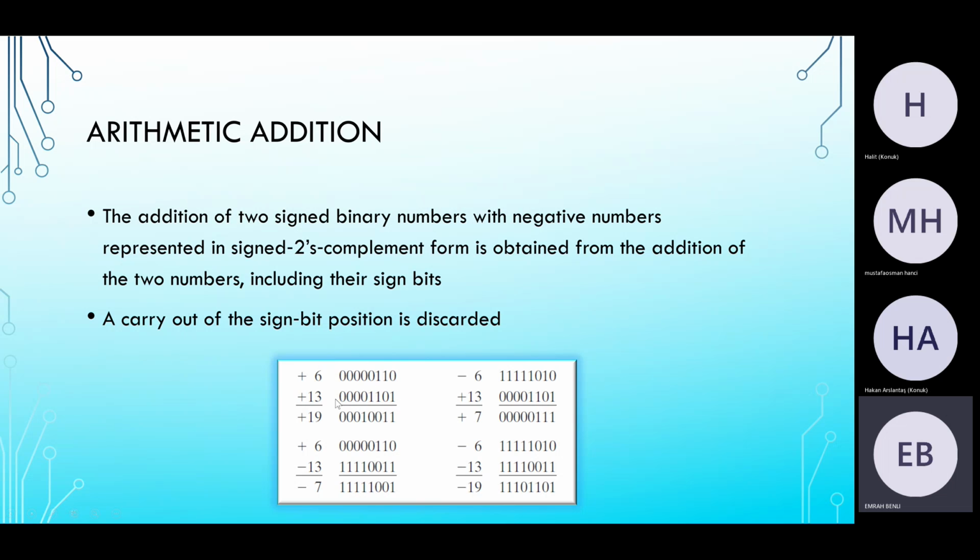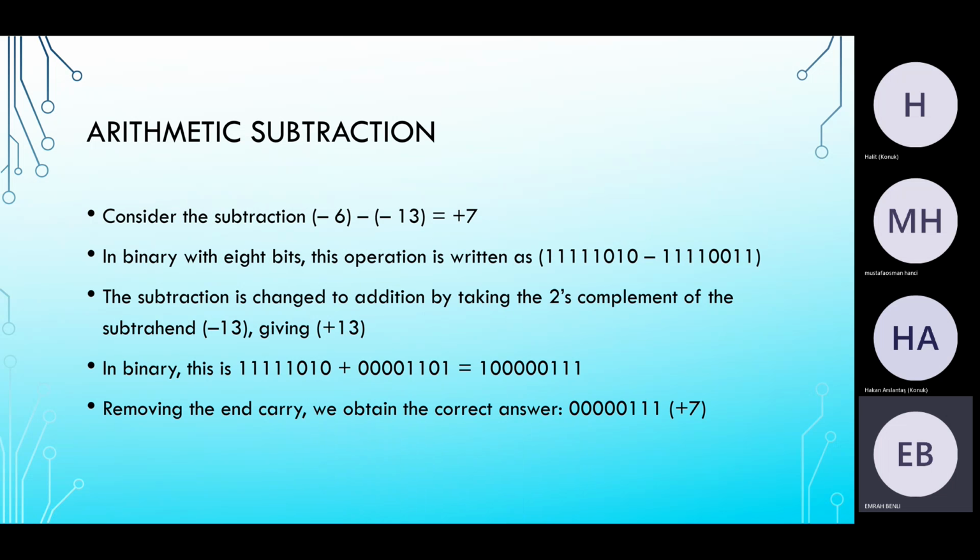If we have a carry out of the sign bit, we discard it. Don't forget that. And for minus 6, this is the 2's complement, the radix complement, of positive 6. We add them and we have this number. You can check it. They are easy.